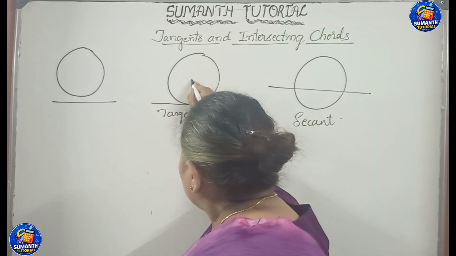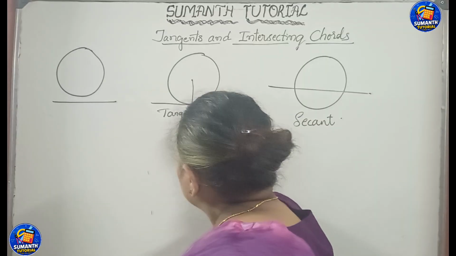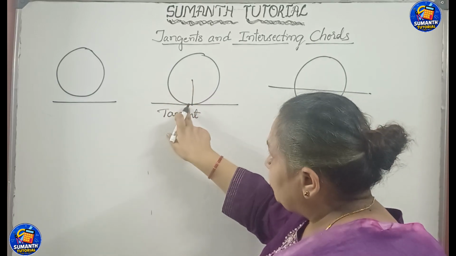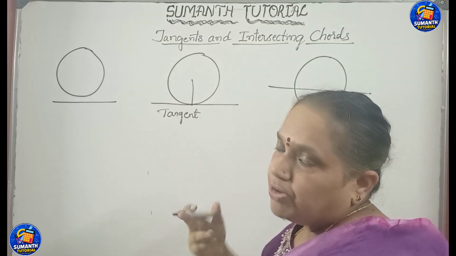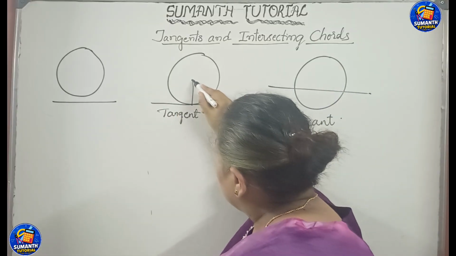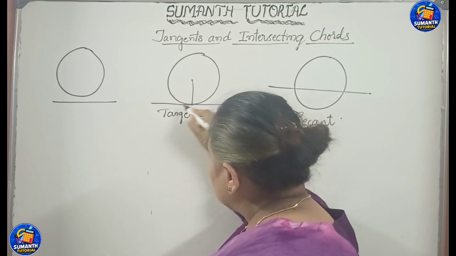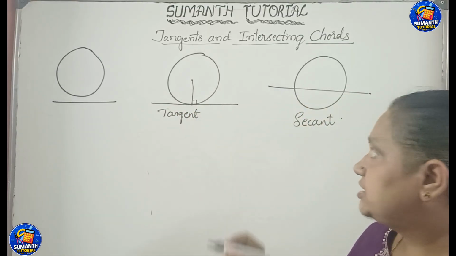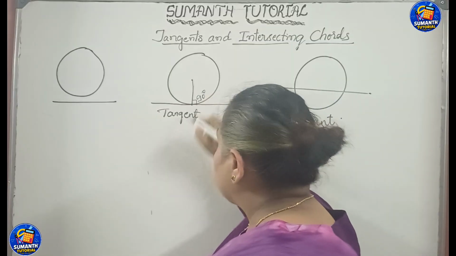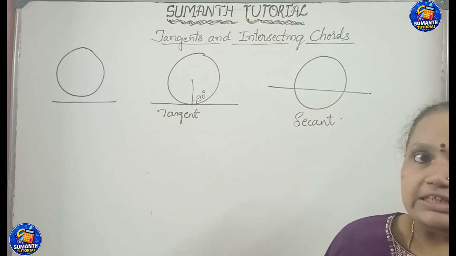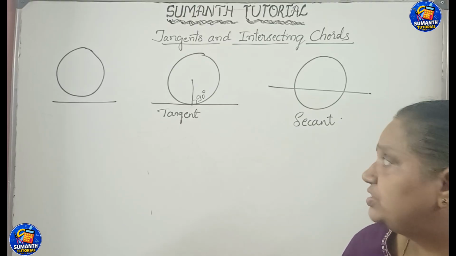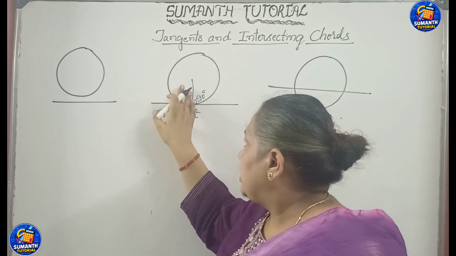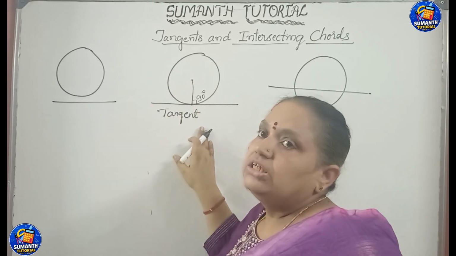A line drawn from the radius to the tangent, at the point where the tangent touches, which is called the point of contact, the angle formed between the radius and the tangent is always perpendicular to each other, equal to 90 degree. Got it now? This is one property.